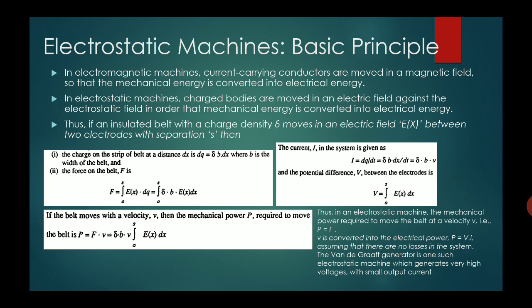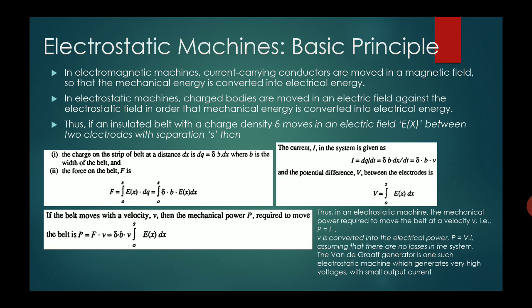The current I in the system is given as I equal to dq by dt, and if we replace dq as delta b dx by dt, that is nothing but delta b into v, v being the velocity. The potential difference capital V between the electrodes is given as the integral of Ex into dx.